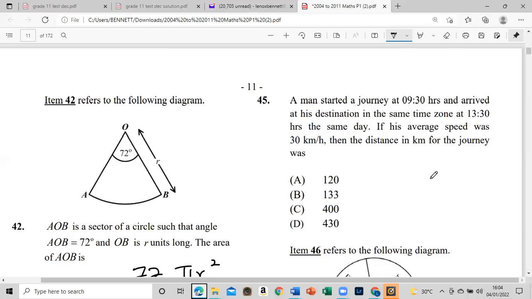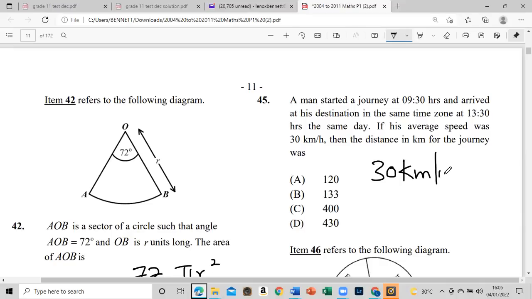From 9:30 to 10:30, that's 1 hour. 10:30 to 11:30, that's 2 hours. 12:30, so 4 hours. And I'm going to move at an average speed of 30, so it's 30 times 4. Every hour I'll cover 30. It will be 120. Alright, let's go.